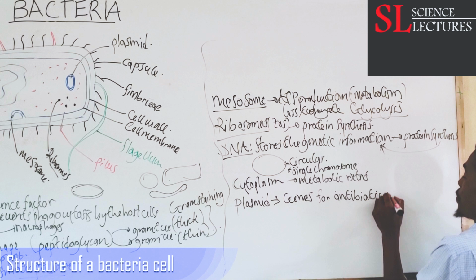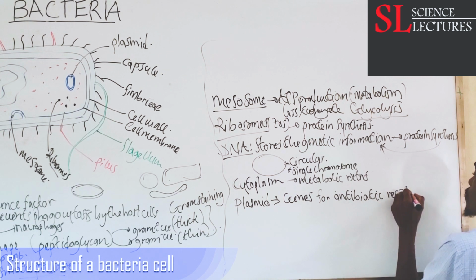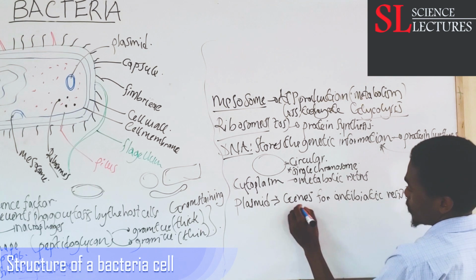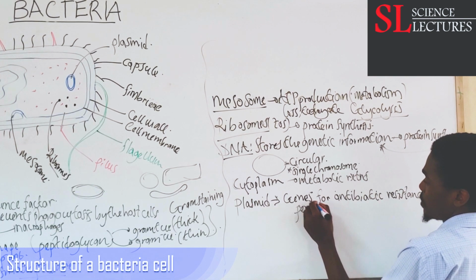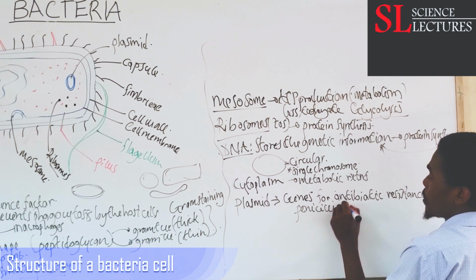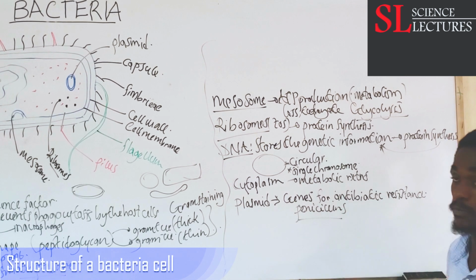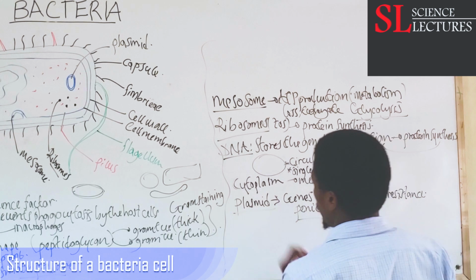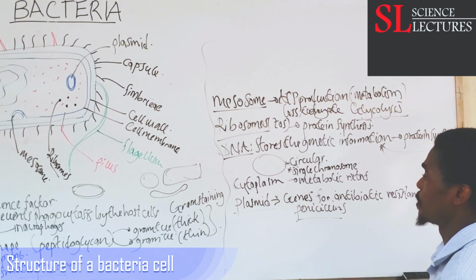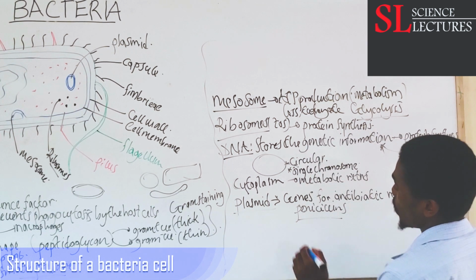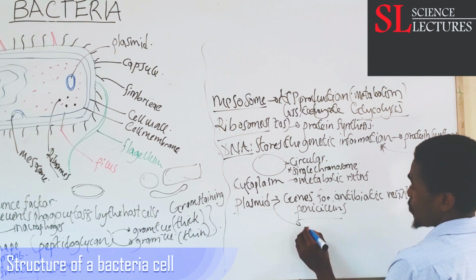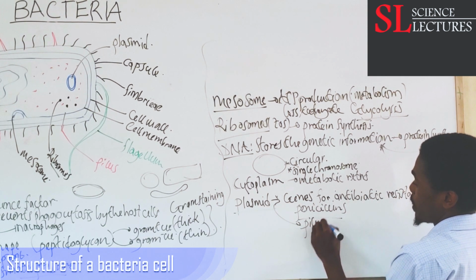Some bacteria are resistant to antibiotics, for example, to penicillins. One of the factors driving antibacterial resistance is the presence of this extra chromosomal DNA we refer to as the plasmid. The plasmid can be transferred from one bacterial cell to another with the aid of the pilus.